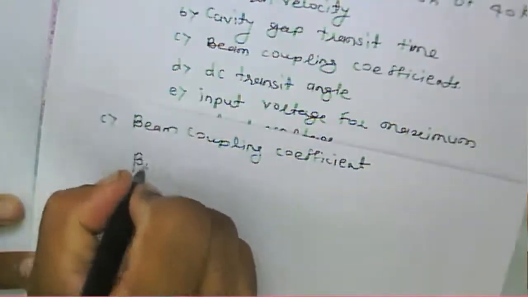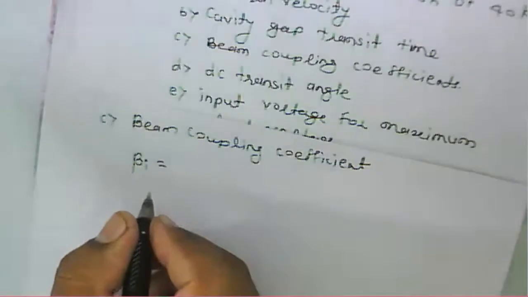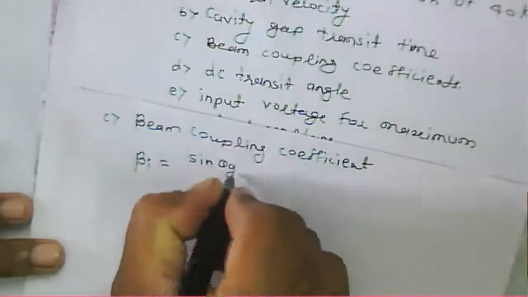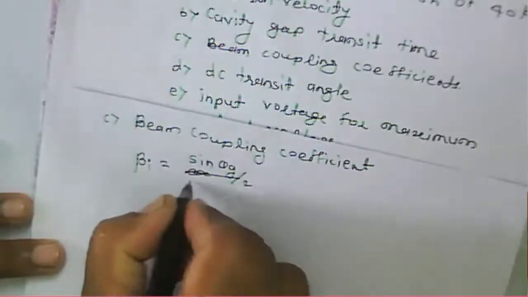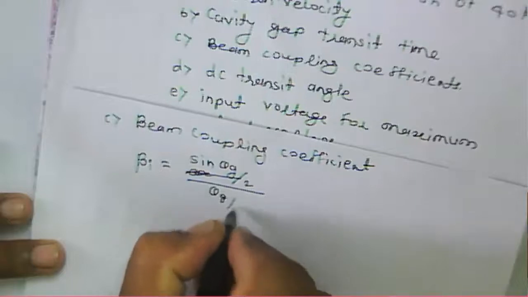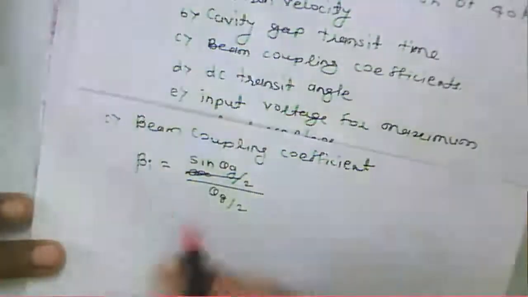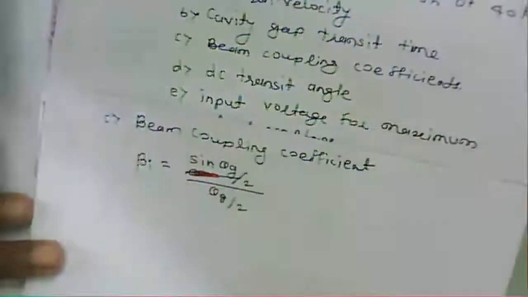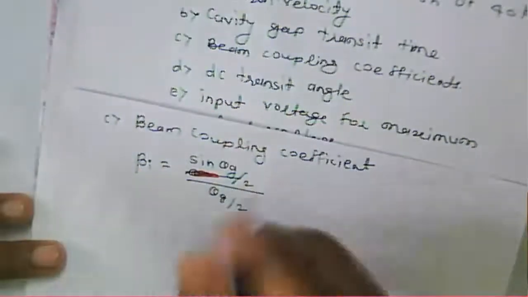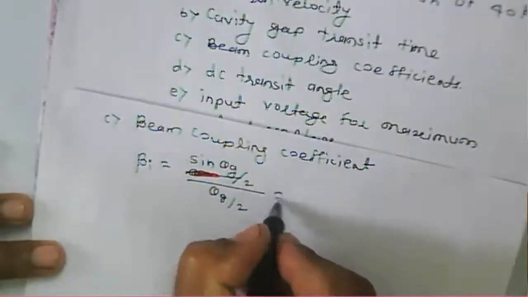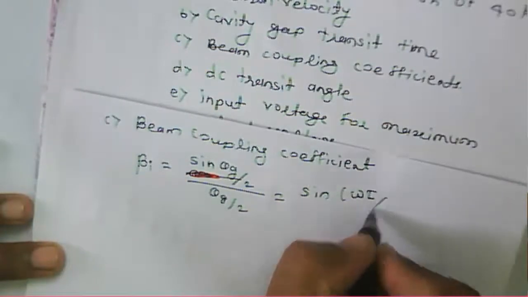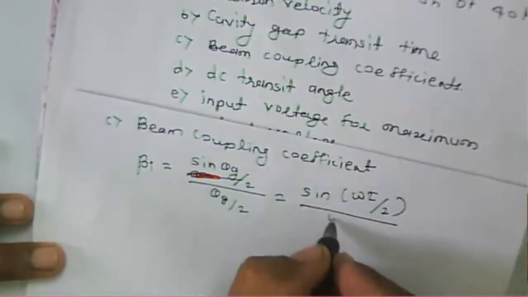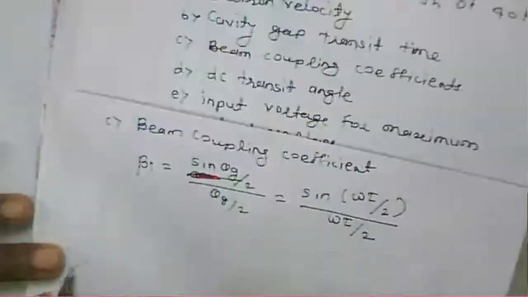For the input cavity, the beam coupling coefficient depends on theta g by 2, and is equal to sine of theta g by 2 divided by theta g by 2.